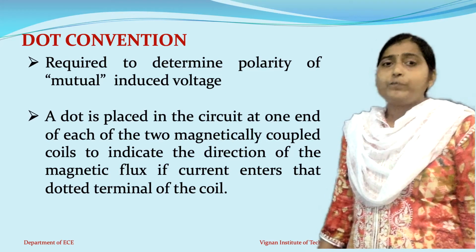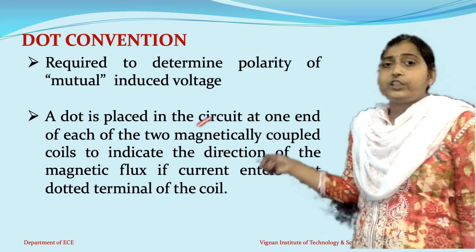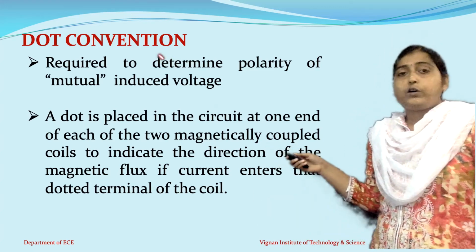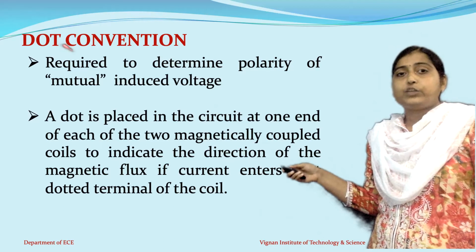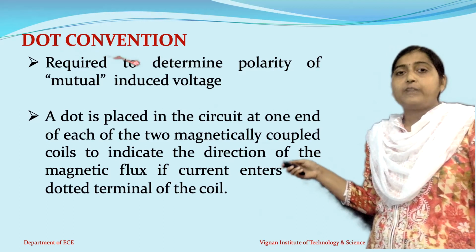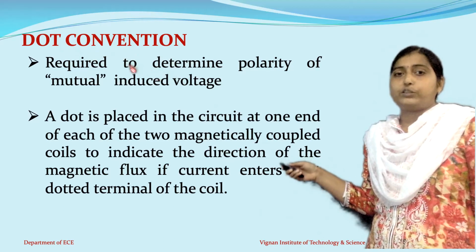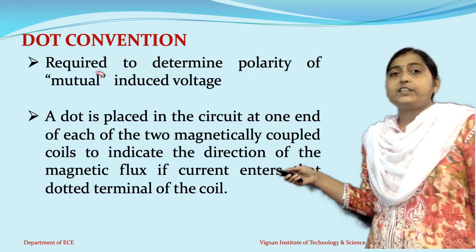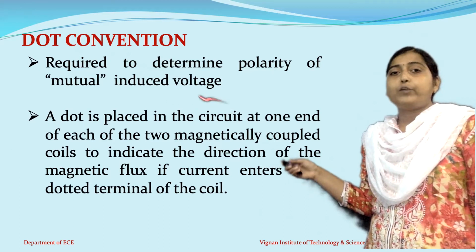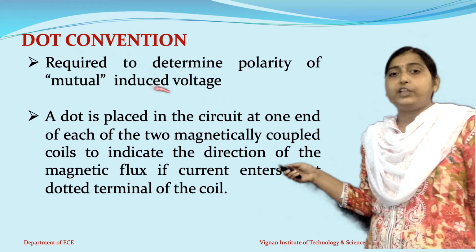Dot convention comes to our rescue to understand magnetic circuits in a better way and helps us in analyzing the circuits. Dot convention is required to determine the polarity of the mutually induced voltage.